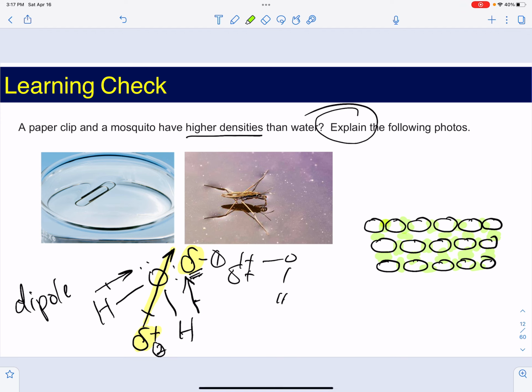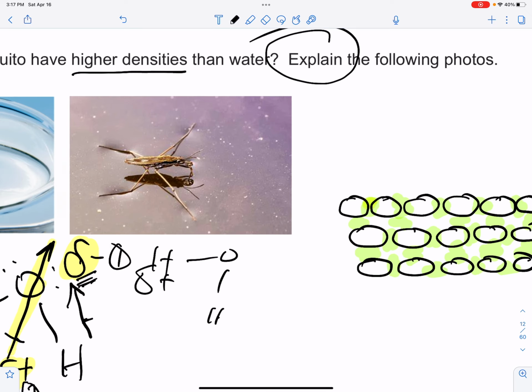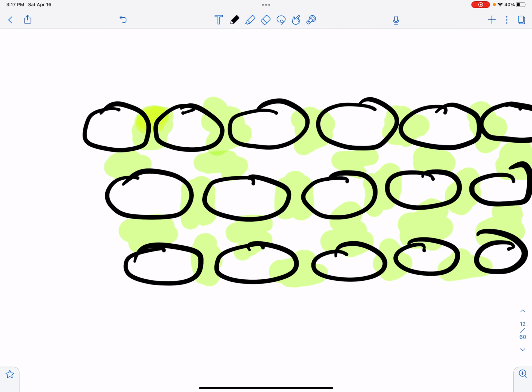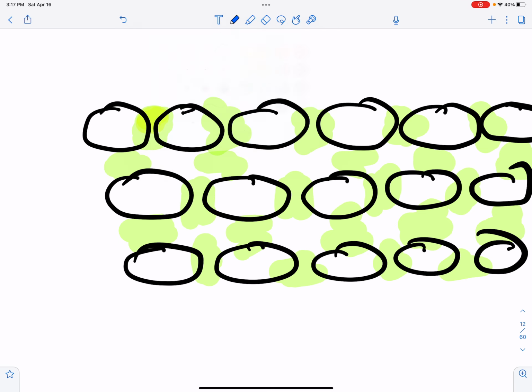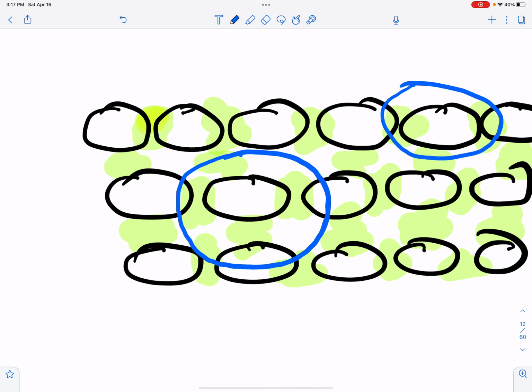If we amplify this a little bit, you'll notice, for example, that this water molecule is feeling attractions all around it. However, the ones on the surface only feel attractions underneath them. There's nothing attracting them on top. There are no water molecules on top, obviously, that's the surface.